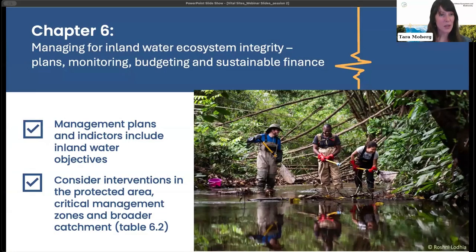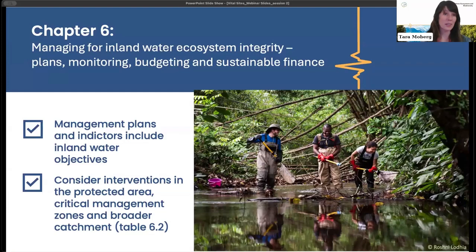Finally, moving into chapter 6, building from our designations and transitioning into the management of these spaces that have been designated. This section focuses on management plans themselves, monitoring, budgeting, and sustainable finance. It includes several tools, including an outline of a conventional or typical management plan for a protected and conserved area, and crosswalking the types of considerations that might be included when developing that management plan to integrate the needs of inland waters.